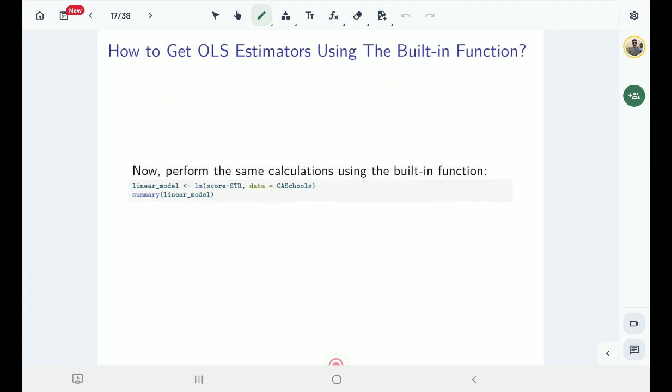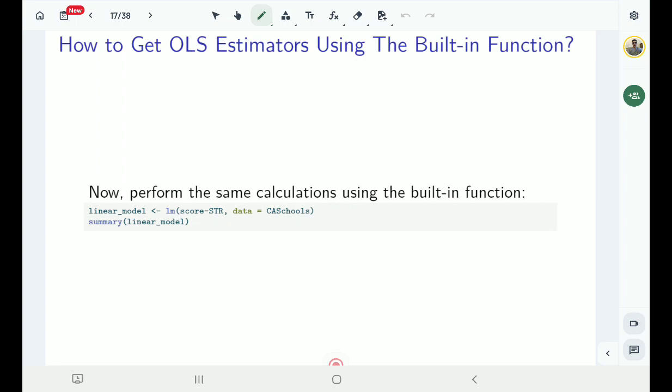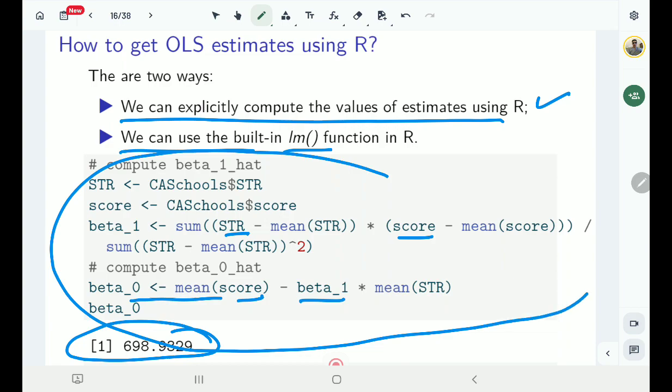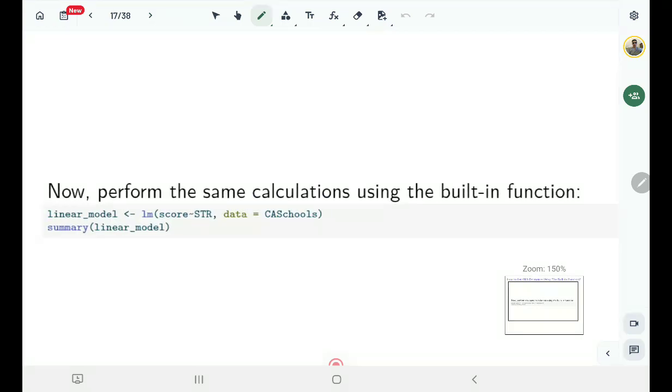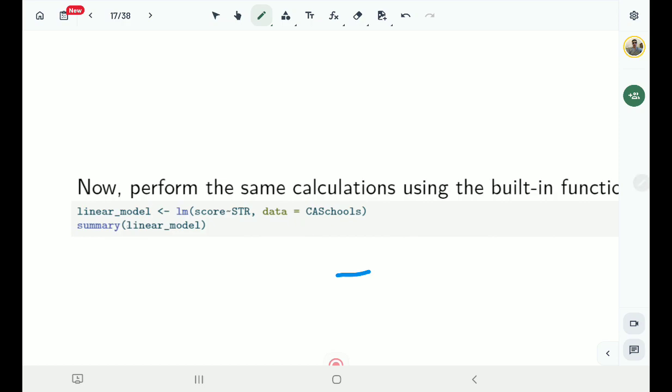Now let's talk about the built-in function. Instead of doing it manually as we did previously, which takes a lot of things to do and many lines of code, you can use the built-in function in R, which is this. This is the name of the object, you can call it the way you want.